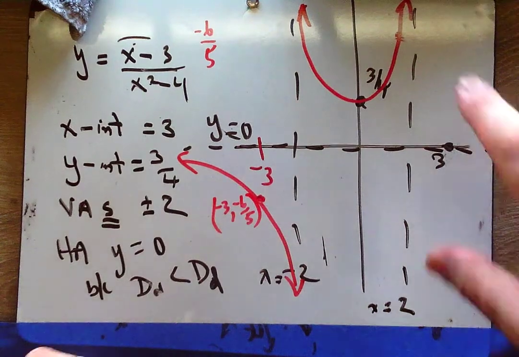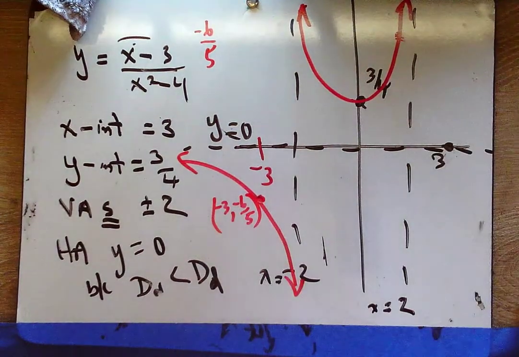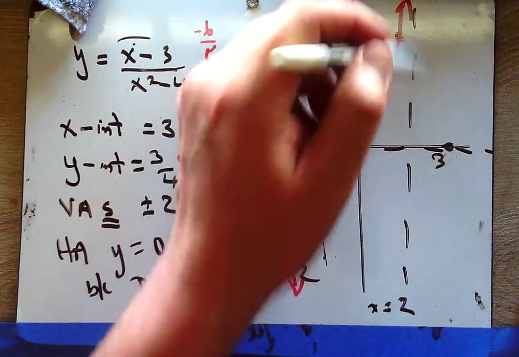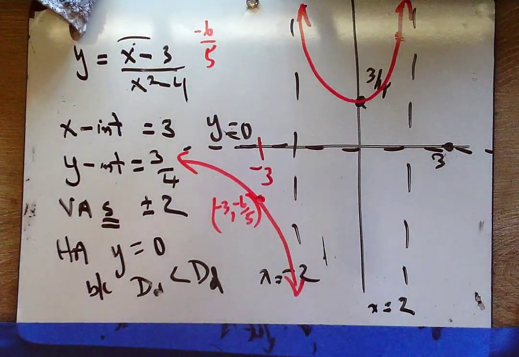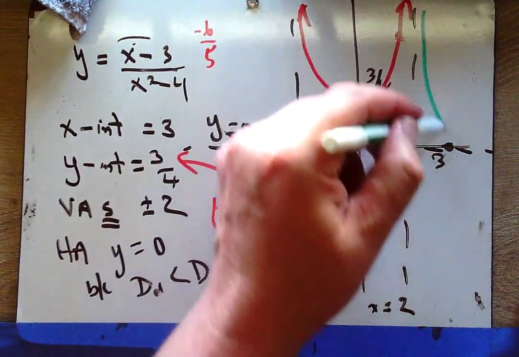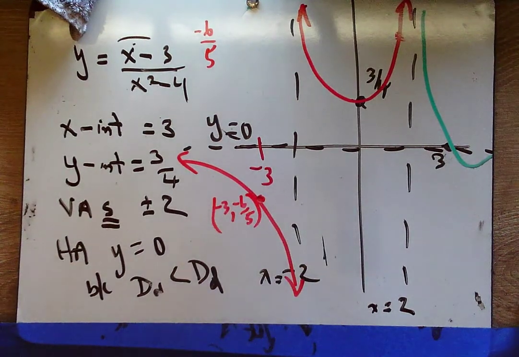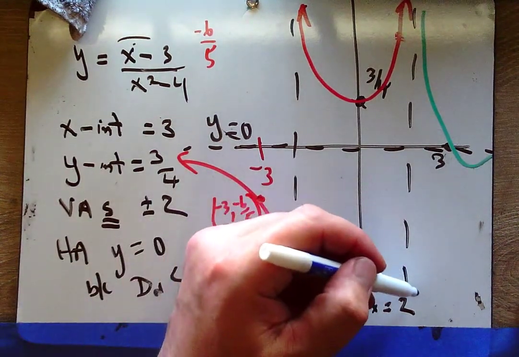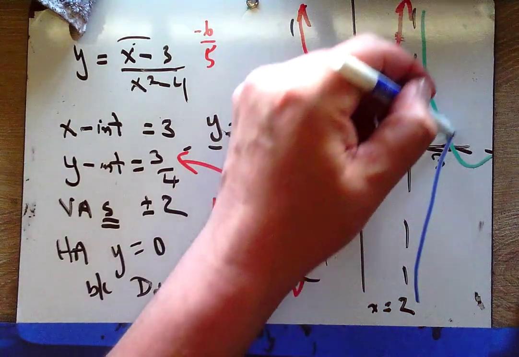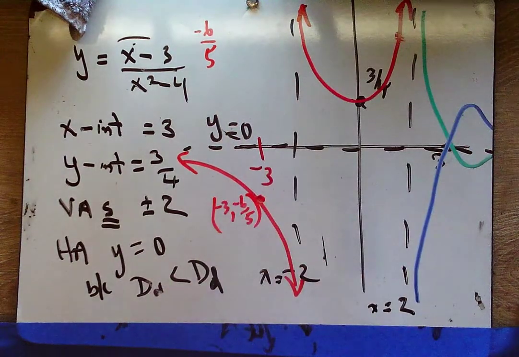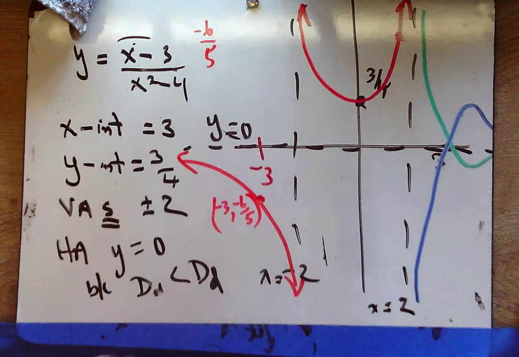Okay. And what about over here? Is it going to be this part that comes down and goes back up, or are we going to have this part where we go up and come back down? I won't know unless I test a point.